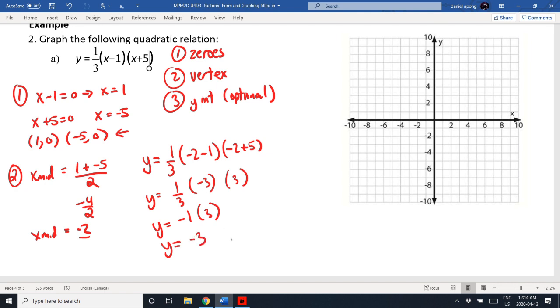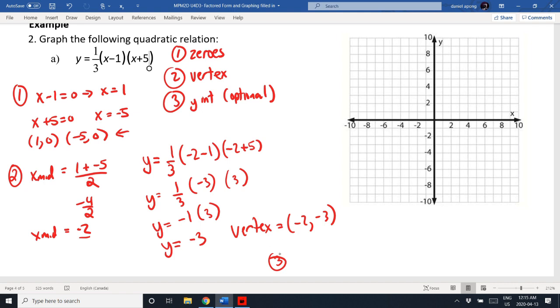So we can say our vertex occurs at x equals -2, y is equal to -3: (-2, -3). If we were going to find our y-intercept, we would just plug in 0 for x.